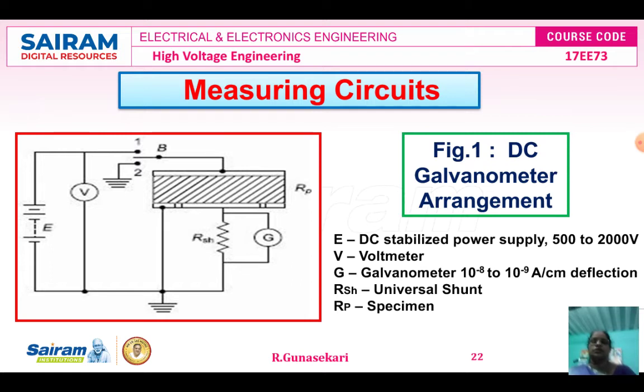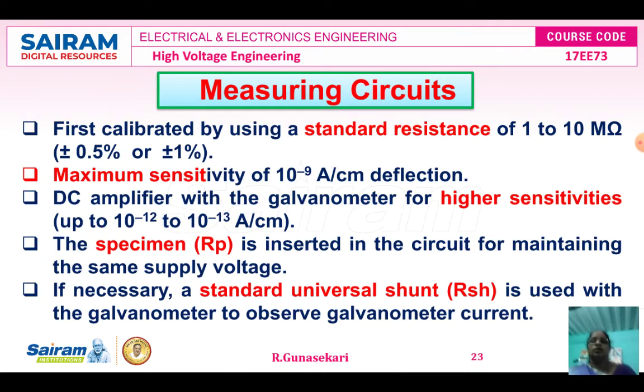This circuit consists of one switch B, which has two positions, 1 and 2 only. By using this measuring circuit, we have to measure the sensitivity of the galvanometer, that is the deflection by the galvanometer. This is the measuring equipment, so all measuring equipment should be calibrated.